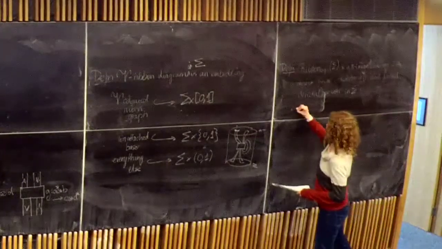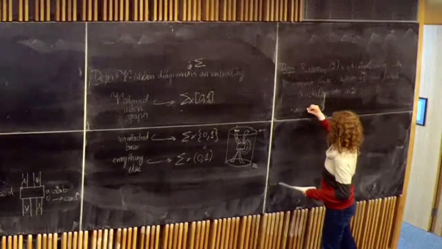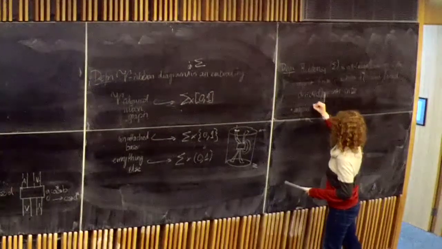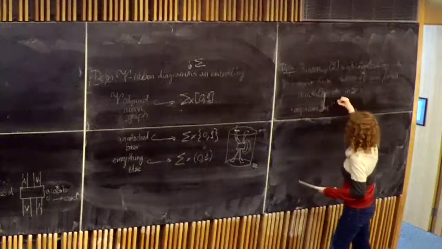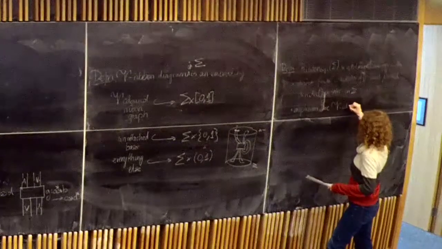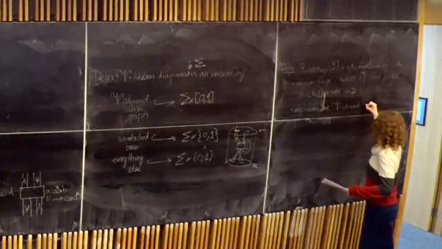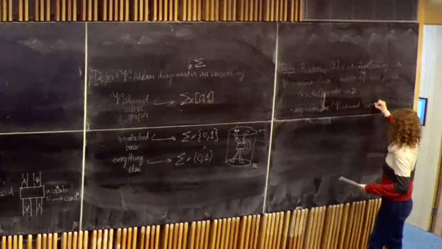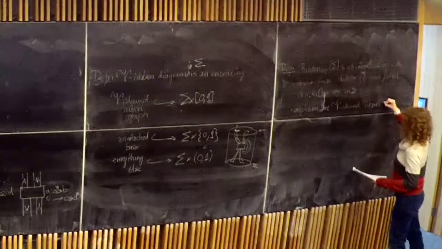Okay, and the morphisms are V-coloured ribbon diagrams.